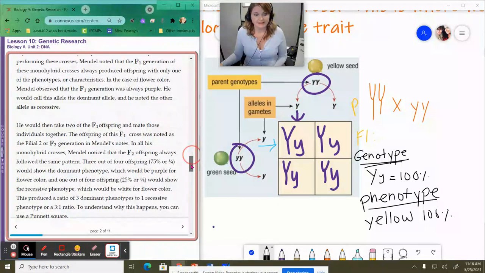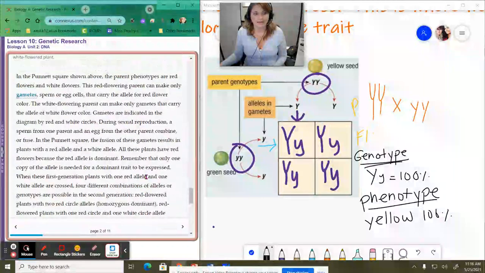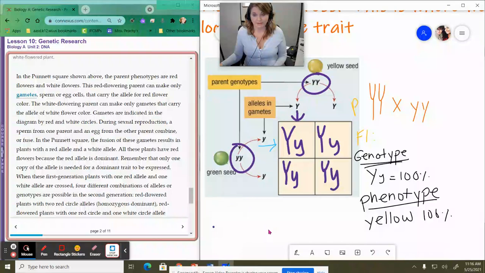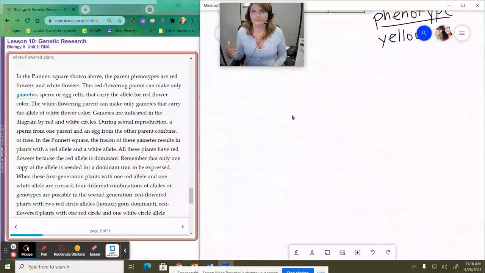There is a second type of a cross that you can do called a dihybrid cross, and it's a bit more complicated, but it's the same kind of process. So first of all, I'm going to put this up here, and again, these are all on your note sheet.